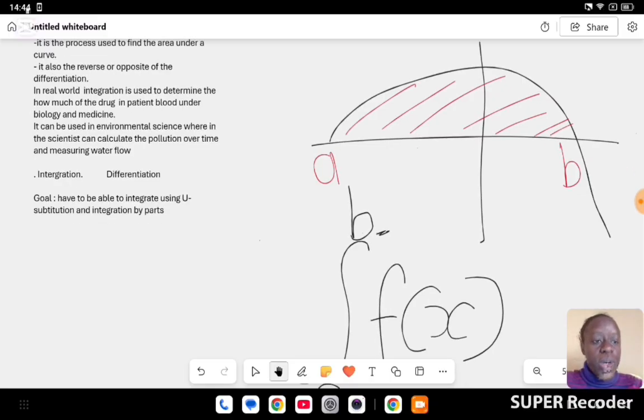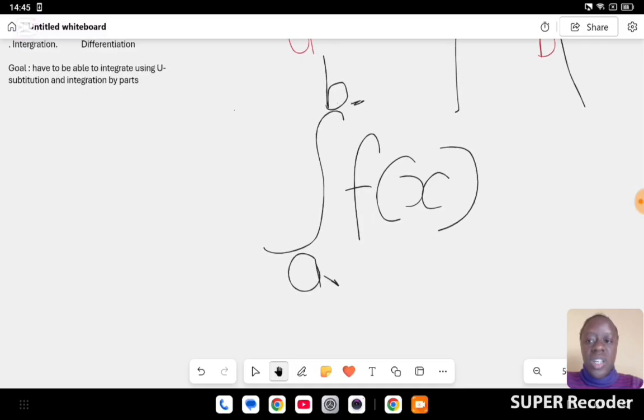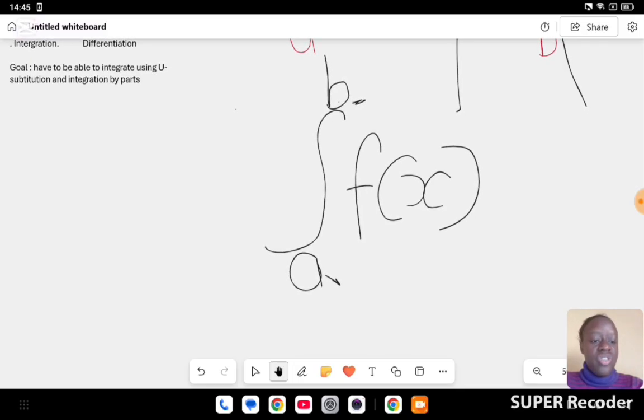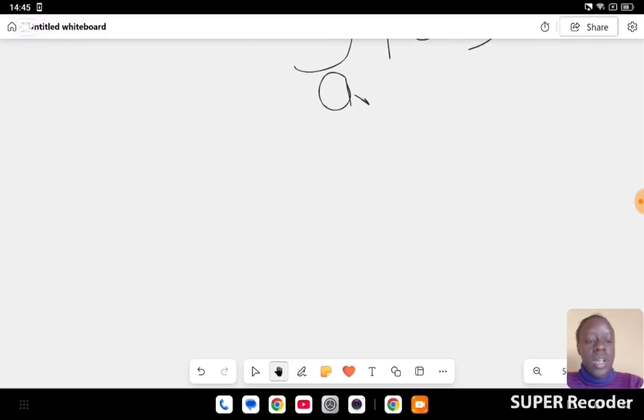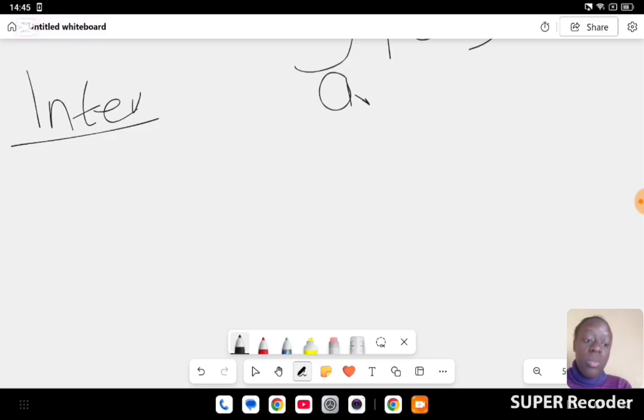Okay, let's talk about the difference between integration and differentiation. Under integration, we use a formula. Mostly we use this formula for us to differentiate between the two.